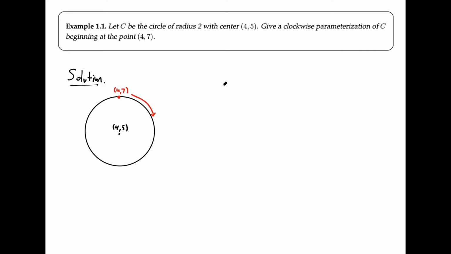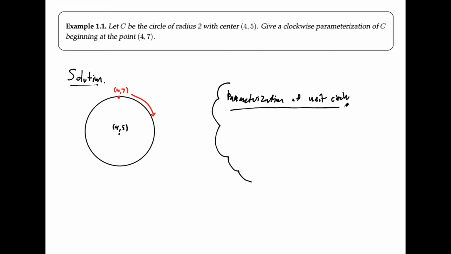Now a good starting point here is to go back and think about the usual parameterization of the unit circle, and in particular, the usual counterclockwise parameterization of the unit circle. The typical way that we do that is with cosine and sine as the x and y component, respectively. Now, there's a couple issues with this.